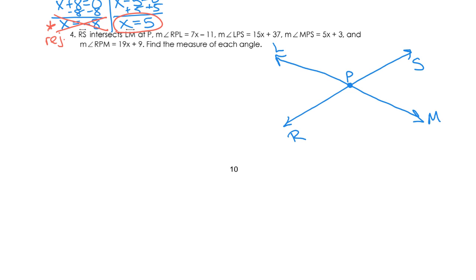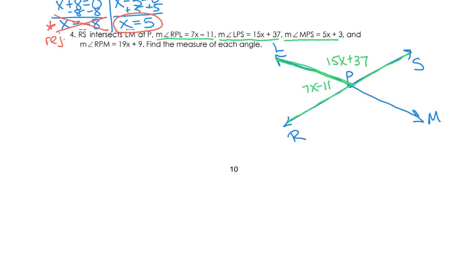Okay. And now they tell us that the measure of angle RPL, R to P to L, is 7x minus 11. The measure of angle LPS, L to P to S, is this angle here, is 15x plus 37.